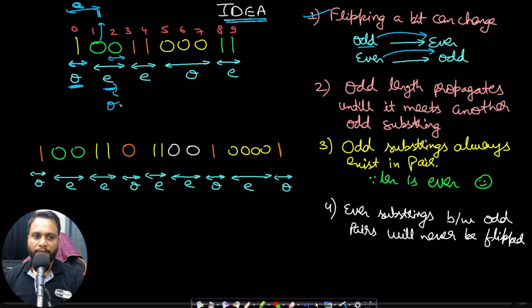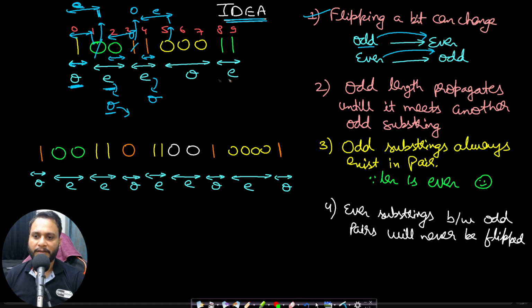Now if you think that again I will convert this odd length substring to even length, then you will be converting this 1 to 0. So what happened is you have converted this 0 to 1 and you have converted this 1 to 0. So yes, this is of even length, both ones. This is of even length, both zeros. But then this becomes of odd length. Now if you want to make this even length, then you will convert this 0 to 1 and this will be of even length again. Right.